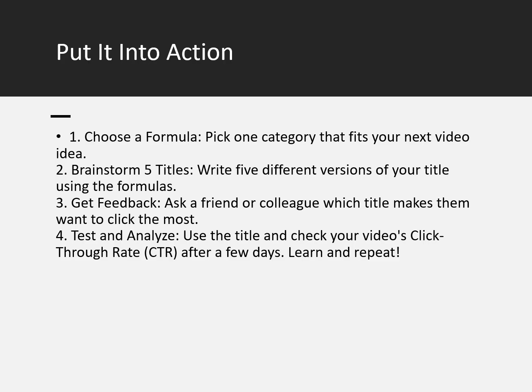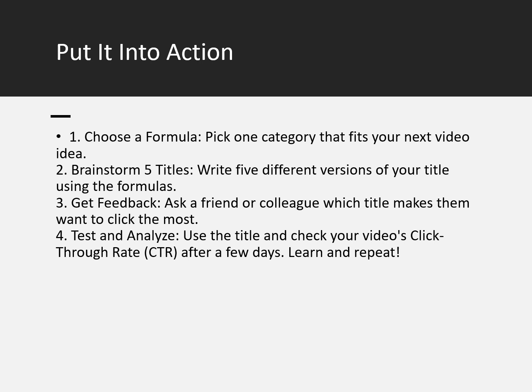Okay, so I want you guys to put all this into action. And what does that look like? Okay, number one, choose a formula. Pick one category that fits your next video idea. Number two, brainstorm 5 titles. Write 5 different versions of your title using the formula.